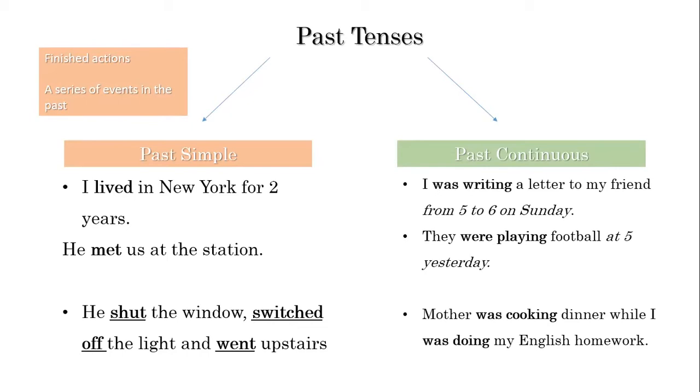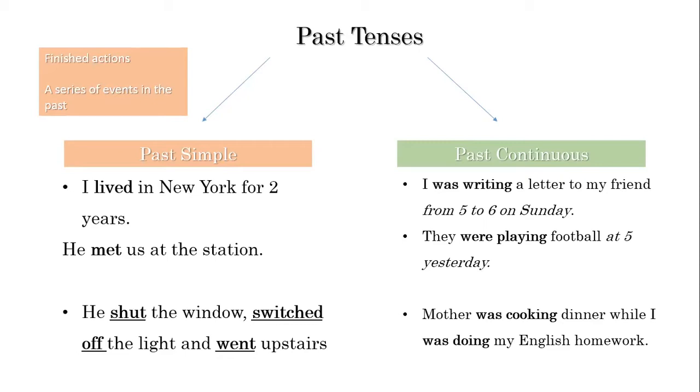Second example, they were playing football at 5 yesterday. These two examples show us that something happened at the precise moment in the past. So the precise time, the precise moment will be at 5 yesterday or from 5 to 6 on Sunday.